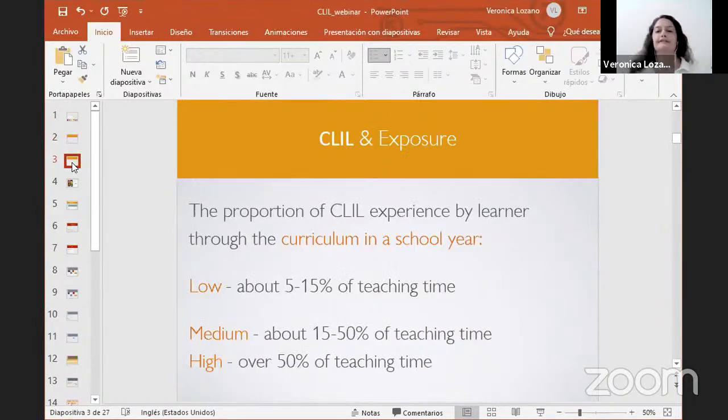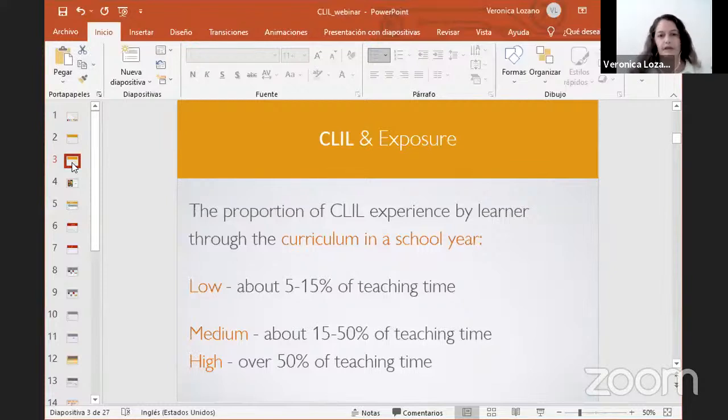This is a very important point of CLIL, because probably some of you are wondering if you are doing CLIL or to what extent you're doing CLIL, and this slide can help you answer this question, because CLIL includes a range of options.